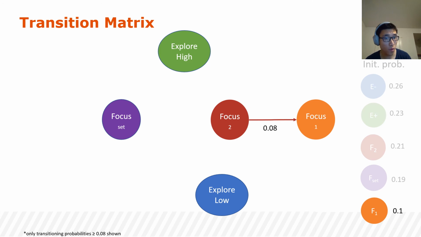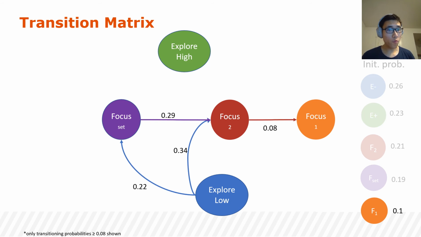And at the group level, transitions from the exploration state to F2 or F set are more frequent than transitions to state focus 1. Rather, the primary path to enter the most focused state F1 is to either start there at the beginning of the session or transition there from F2.